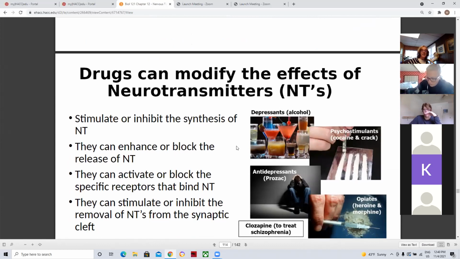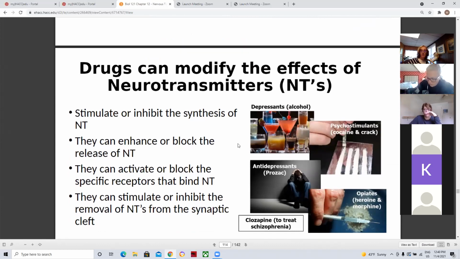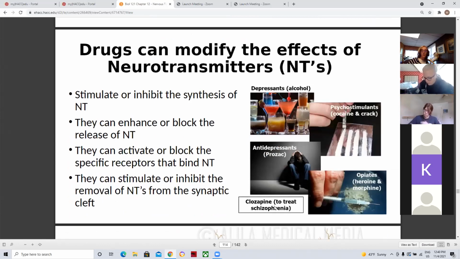Synapses are key when it comes to understanding why some drugs have their effects. Most drugs have their effects because drugs can modify the effects of neurotransmitters. They can stimulate or inhibit the synthesis of a neurotransmitter. They can enhance or block the release of a neurotransmitter.